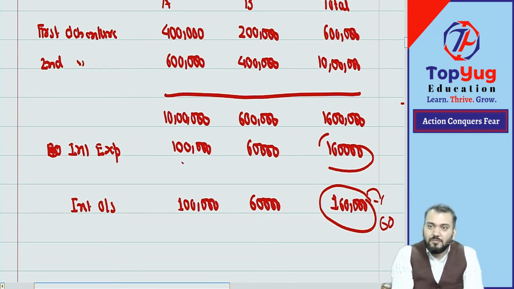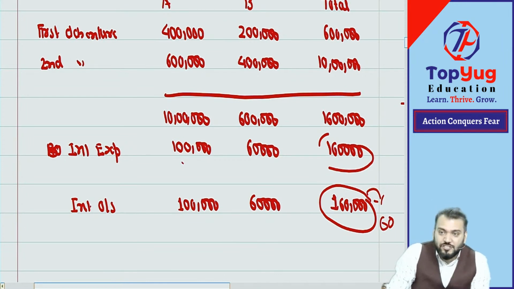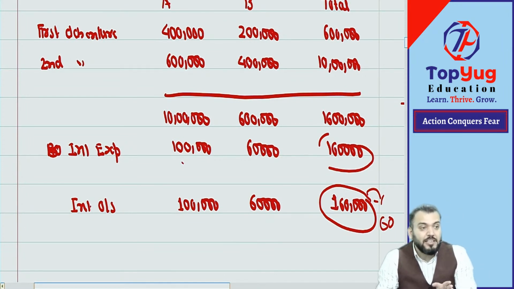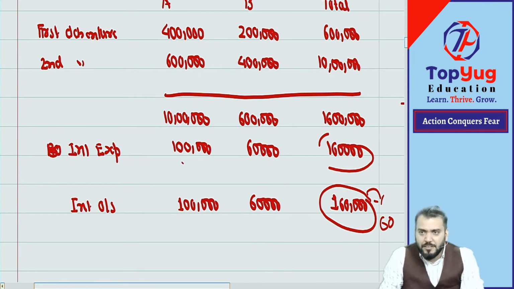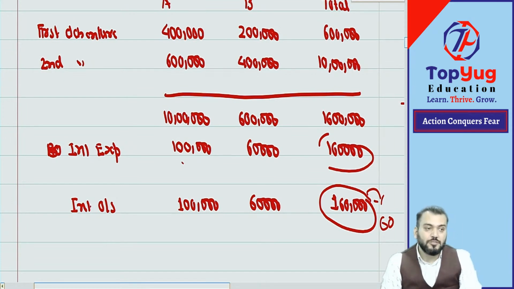Means for this question it was very simple. 1 lakh 60, 1 lakh 60 ho gaya. But in other question, it might happen interest expense is 1 lakh 60, but eventually interest outstanding is less than that. Some amount is paid, some amount is not paid. So suppose it is given 60,000, so that 60,000 will be allocated in this ratio. Which ratio? 10 is to 6. Understood? And therefore they have asked allocation, so we'll do in this way. Got it?